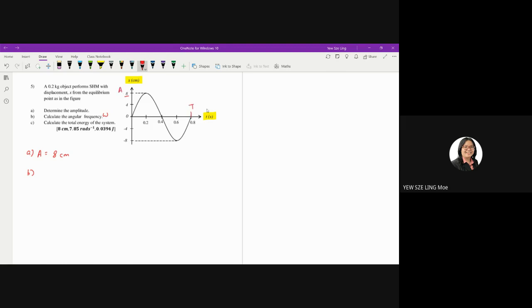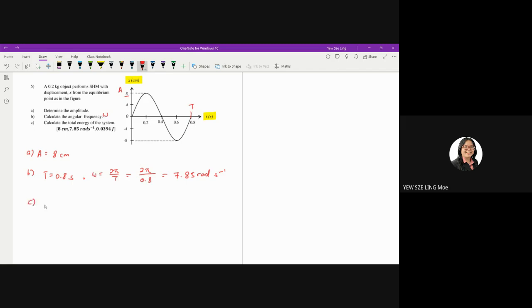So we know T is equal to 0.8 second, and omega is equal to 2π over T, which is 2π divided by 0.8, equal to 7.85 radian per second. So this is question B.